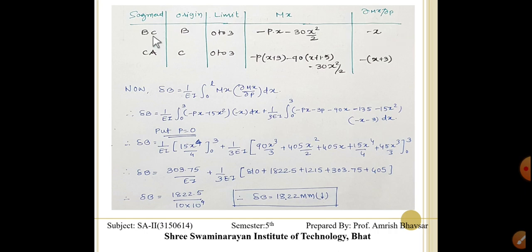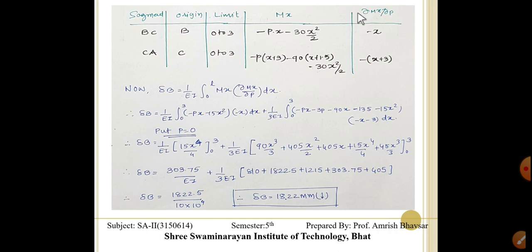B to C and C to A, origin B and C, limit 0 to 3, 0 to 3. Mx is equal to minus P into x minus 30x square by 2, which we know, and from C to A it is minus P into x plus 3 minus 90 x plus 1.5 minus 30x square by 2.